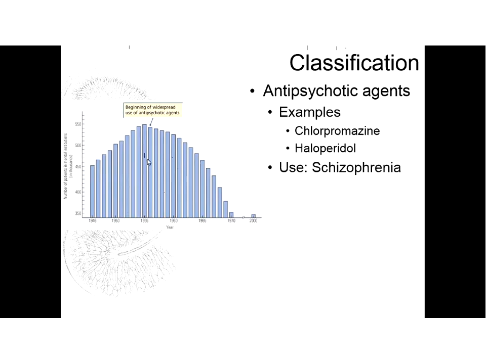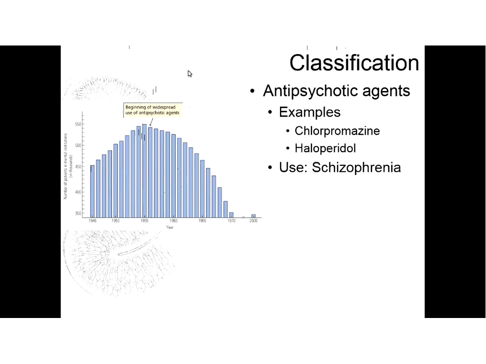What we find is that from 1946 to 1955 there is a gradual increase in the number of patients being admitted into mental institutions.